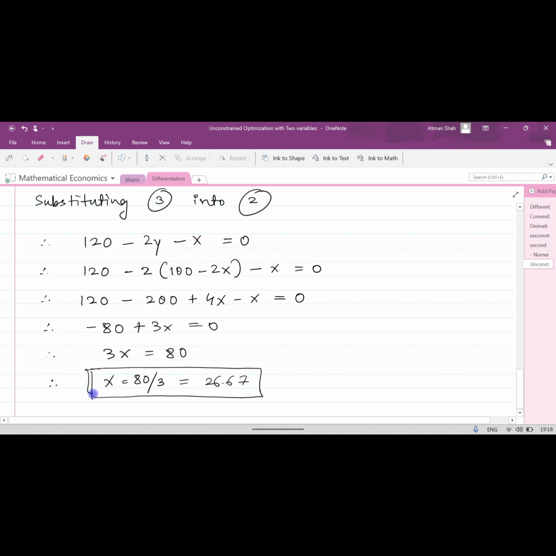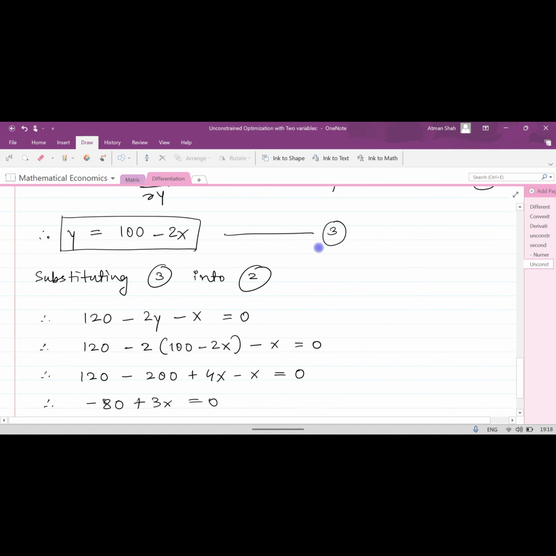Now substitute the value of x in equation 3. Substituting x is equal to 26.67 into 3, therefore y is equal to 100 minus 2 into 26.67.